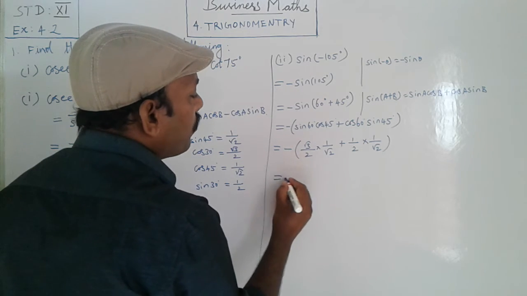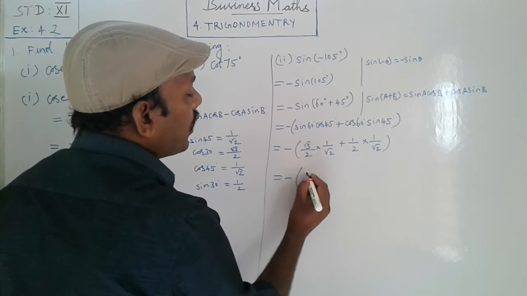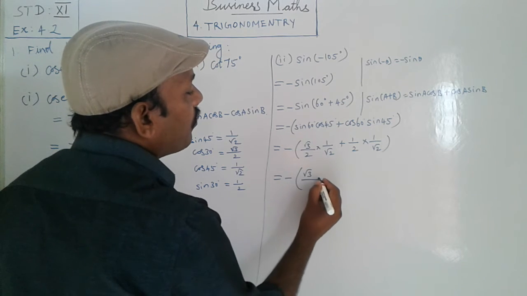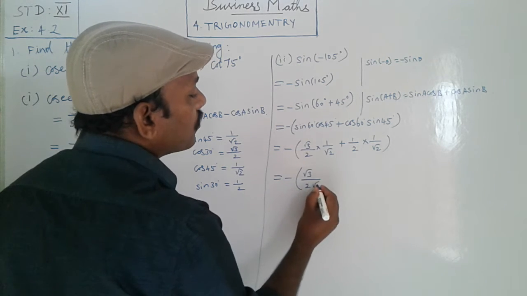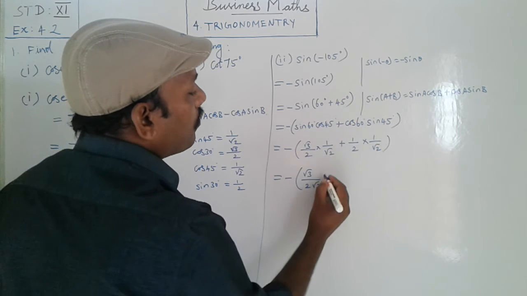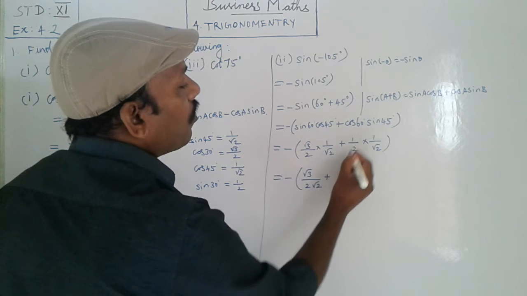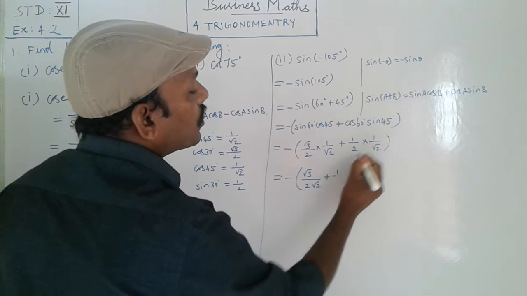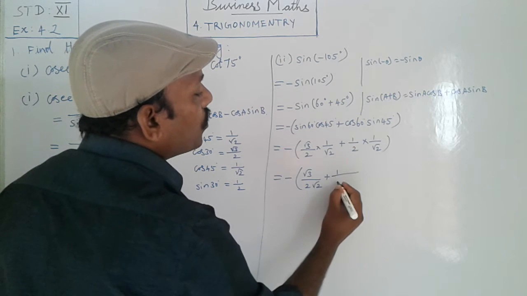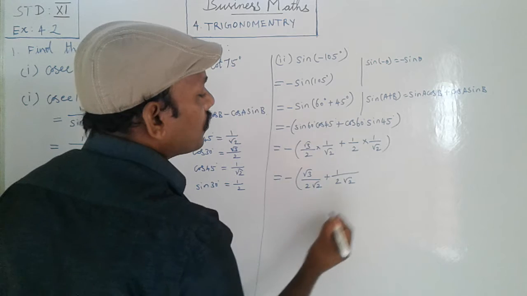So that is equal to minus of root 3 into 1 is root 3 divided by 2 root 2, plus 1 by 2 into 1 into 1 is 1 divided by 2 into root 2 is 2 root 2.